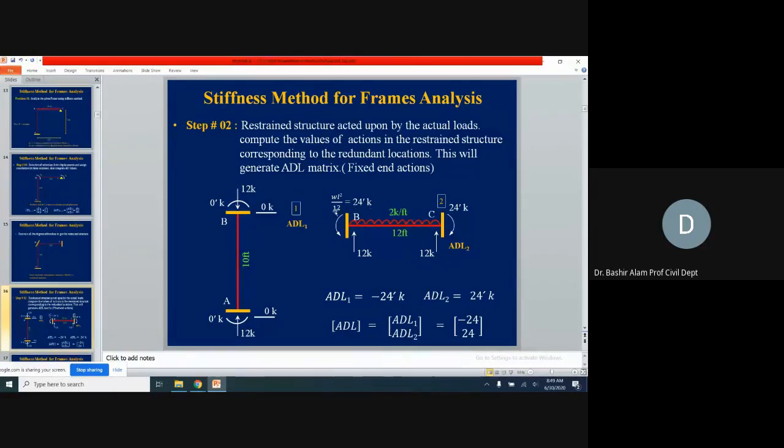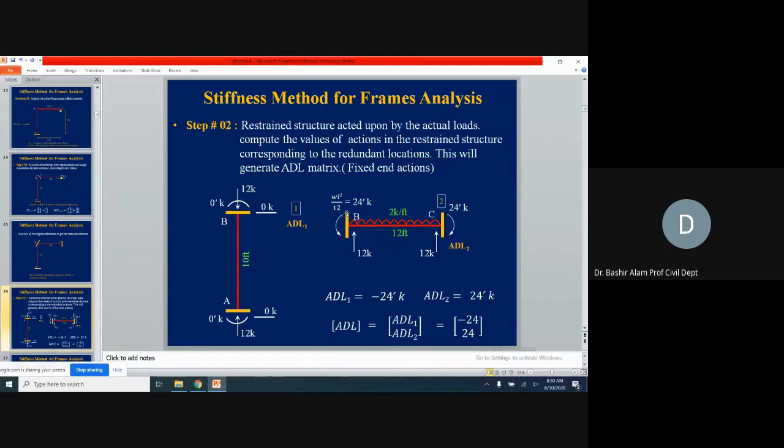You can verify this: WL square divided by 12. This will become 2 times 12 square divided by 12. One 12 is going to cancel with this 12 and 2 times 12 becomes 24. So already it is verified now. Now remember this 24 kip moment, we are not transferring it to the AB. Why? Because we have restrained this rotation here. And how can you restrain this rotation?